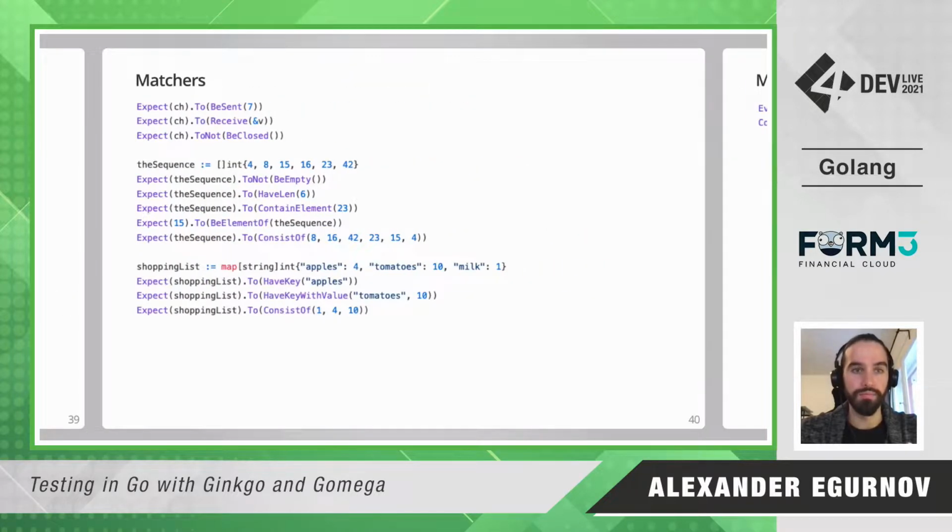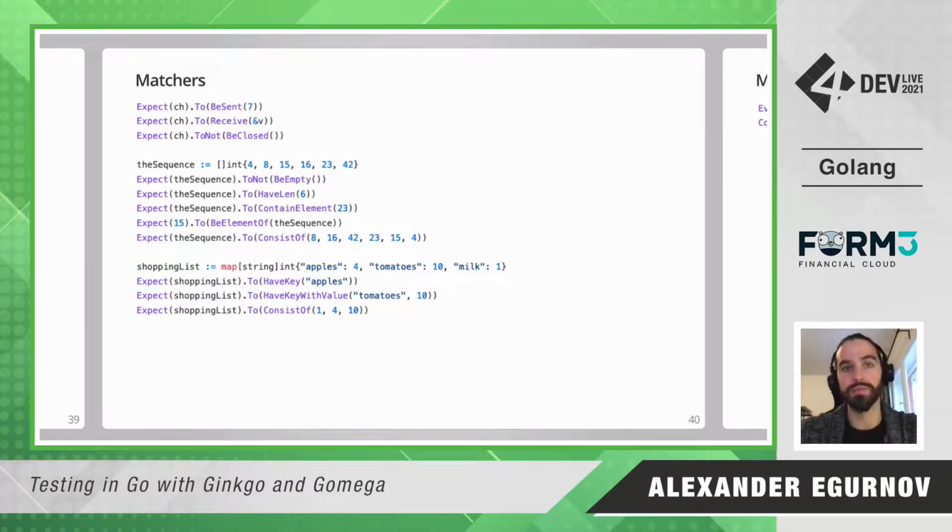So Ginkgo Gomega being quite advanced allows you to do a number of advanced assertions, something you can't really write that easily yourself. It can help you validate that arrays have the same set of elements regardless of their order, that a certain array contains a certain element, or that a certain element is an element of a certain array. So a lot of power with that.